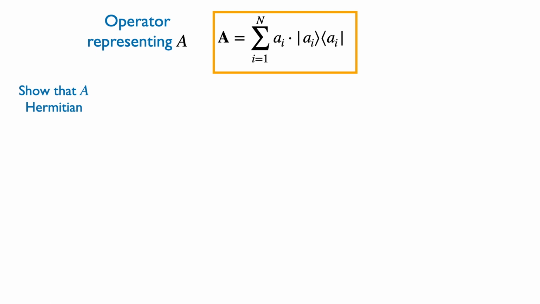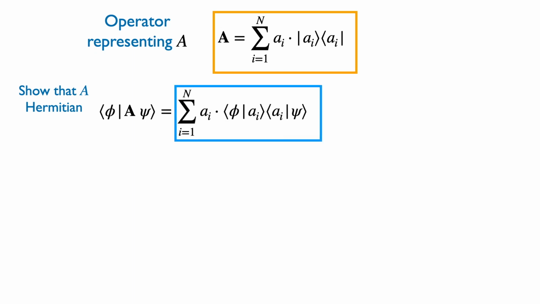First, let A act on psi on the ket side of the inner product between vectors phi and psi. Using the above representation, this is, the bra of A acting on phi is given by the Hermitian conjugate of the corresponding ket.